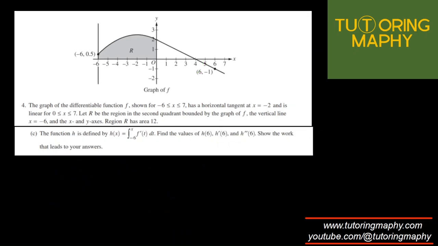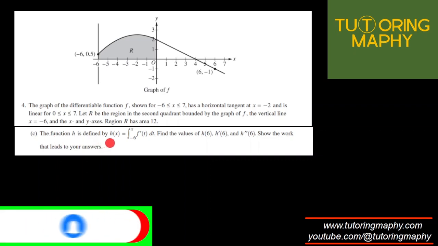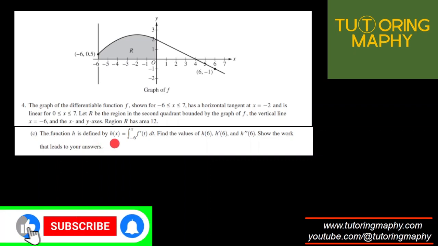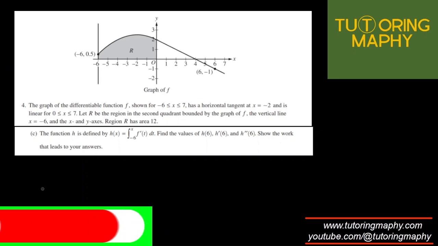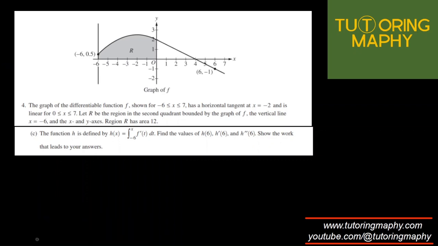The next one talks about the function h, which is defined by this thing. So find the values of all this and show your work. Once again, FTC1 is also going to be helpful for us. First, let's find the value of h of 6, because h of 6 is just replacing x with 6 and finding the antiderivative of f prime t.